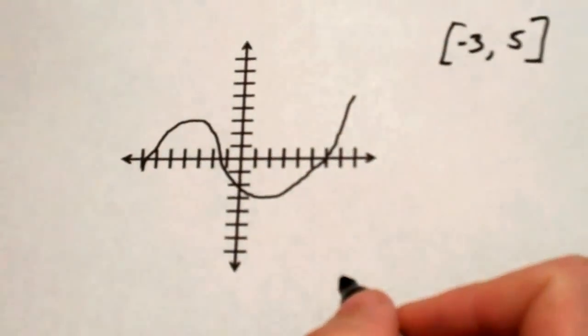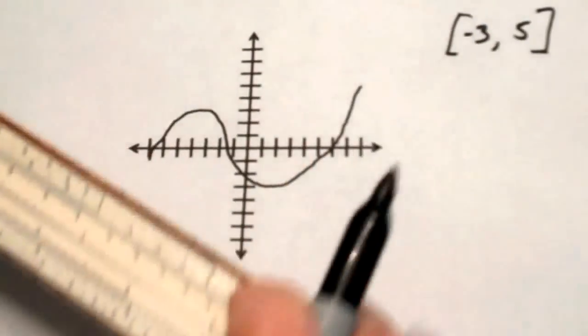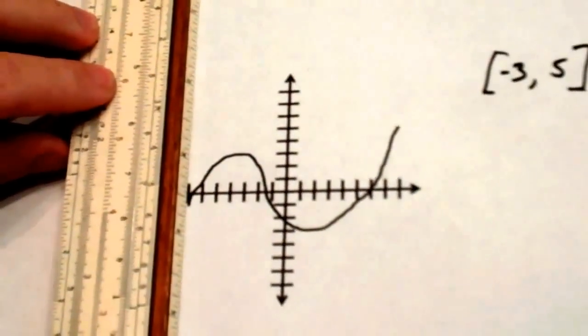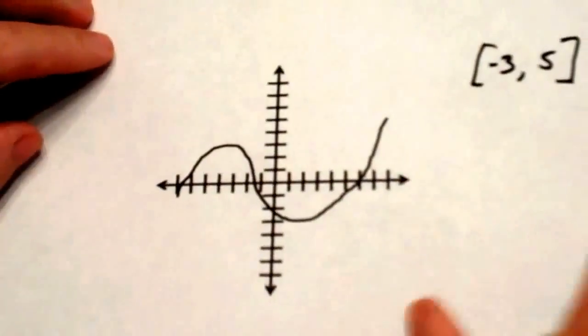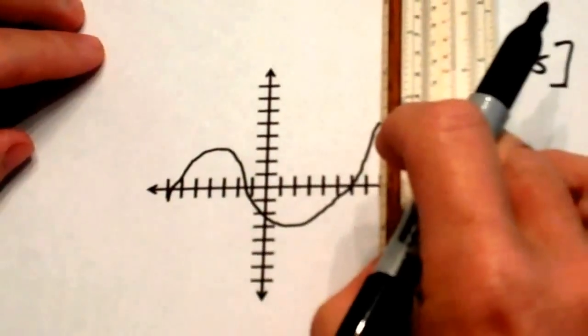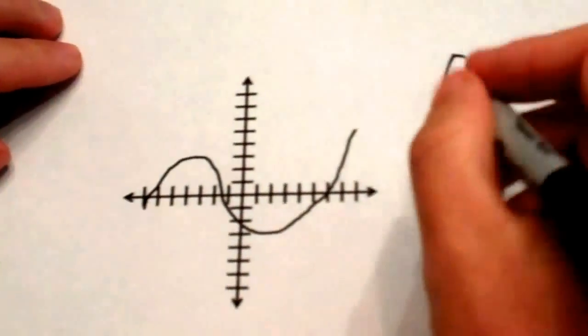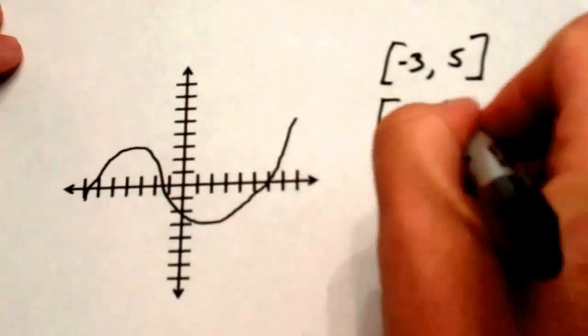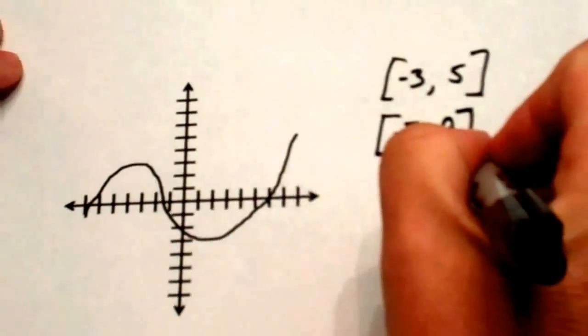How about the domain? The domain of this graph goes all the way back to here, all the way back to -7. And on the other side of my graph, it goes all the way over to +9. So the domain of my graph could be defined as all numbers between -7 and +9.